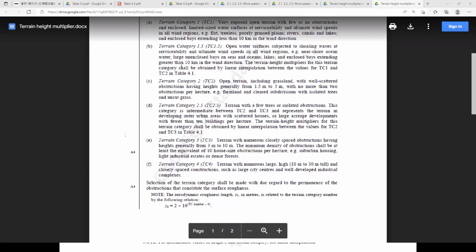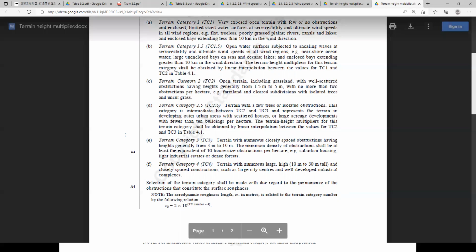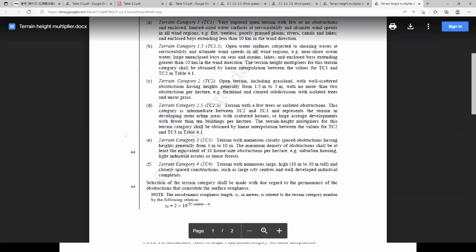By the time you get to category 4, this would be in the middle of a city: terrain with numerous large, high, and closely spaced construction, such as large city centres and well-developed industrial complexes. Terrain category 3 has numerous closely spaced obstructions having heights generally from 3 meters to 10 meters. The minimum density of obstructions will be at least, so it gives you some rules there.